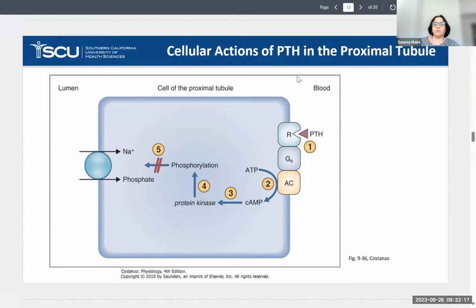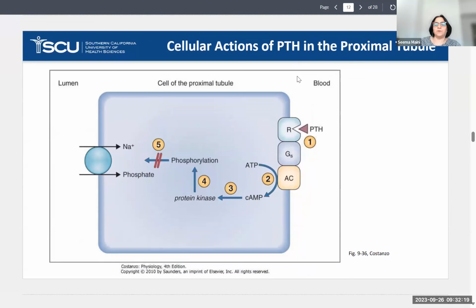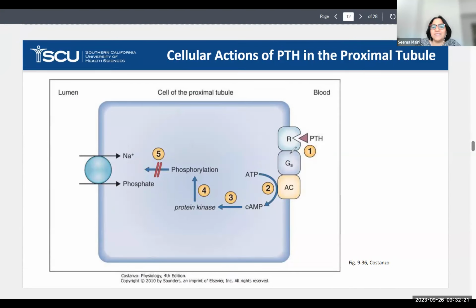All right. So this is parathyroid hormone and this is the parathyroid hormone receptor coupled to a G protein. Through this G protein coupling, it increases adenylyl cyclase activity and causes conversion of ATP to cyclic AMP. Cyclic AMP then causes phosphorylation of certain proteins.